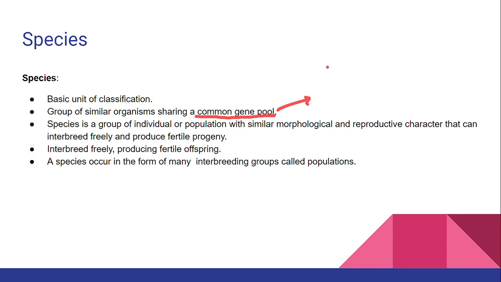Another word is common gene pool. Similarity will be there morphologically and anatomically. Dissimilarity will be there in genetics, as different species will have different genes, but sharing the common gene pool. If similar species are present, they will have a common gene pool. With this, I have a question for you. What is the meaning of gene pool? Gene means what, class?